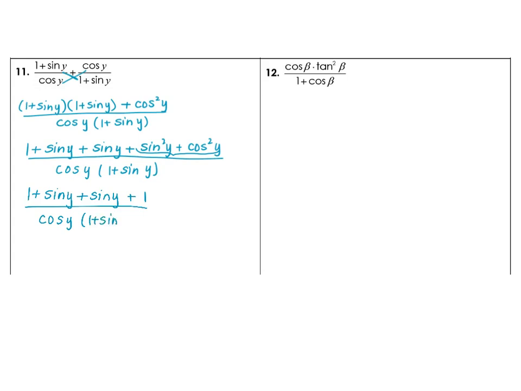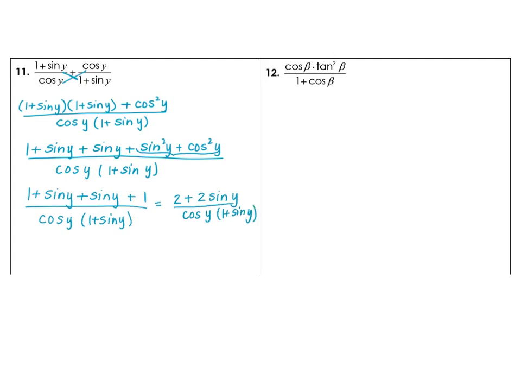Now be careful about wanting to cancel that 1 plus sine y. Those are not the same thing just yet. We're going to have to combine the numerator and factor out that GCF. So here we're going to have in the numerator 2 plus 2 sine y over cosine y times 1 plus sine y.